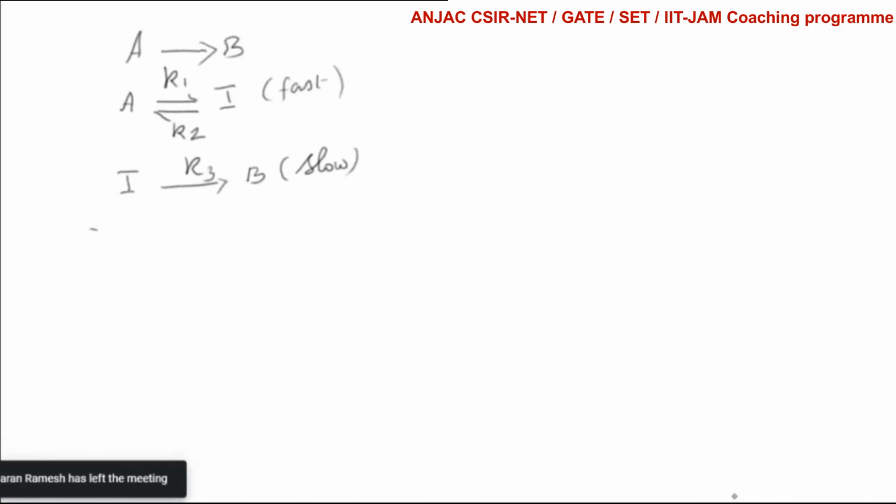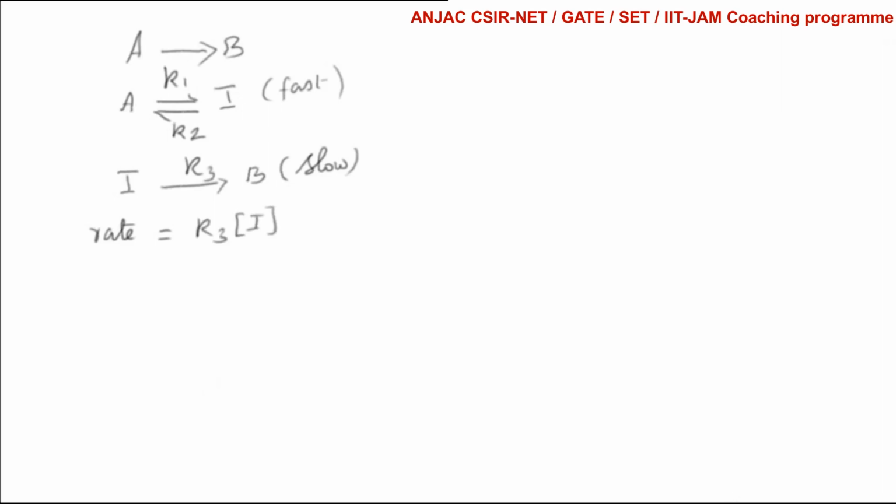What is the rate law equation? Rate is equal to K3 into concentration of I. Here, can we leave the rate equation as it is or do we have to proceed further? We have to proceed further because transient species are present.